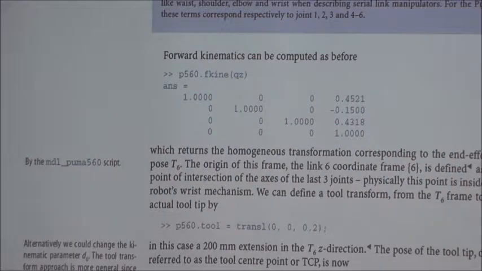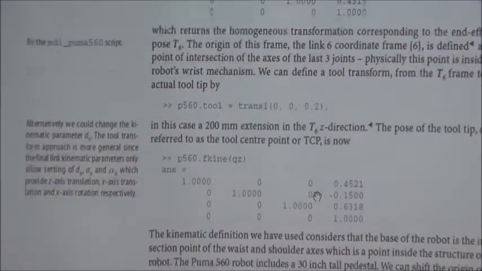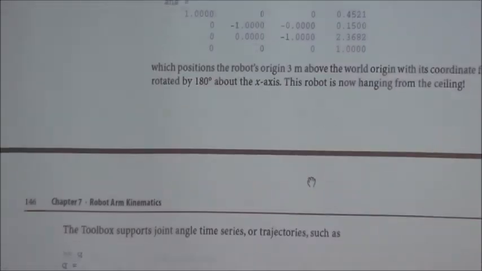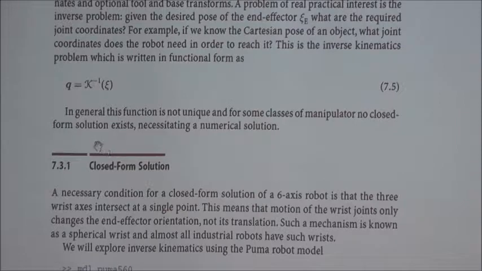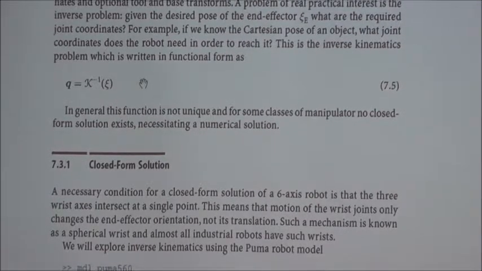Now let me see. Inverse kinematic is just the opposite of basically this notation, equation 7.5, this Greek letter xi.